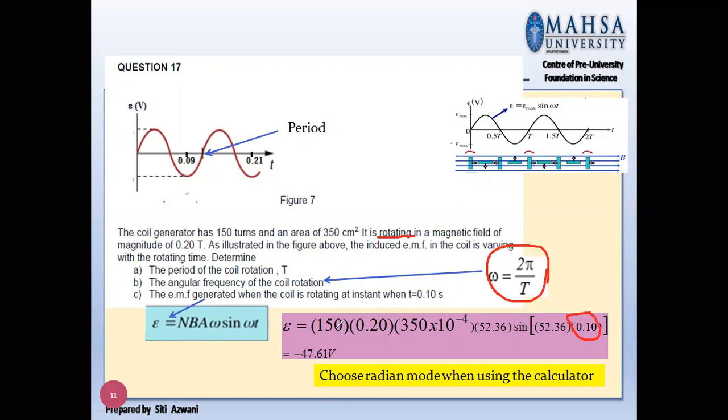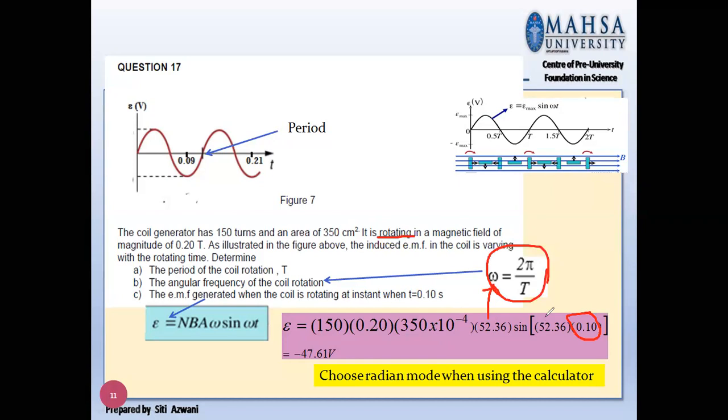You have the number of turns, you have a B value here, and then you have your area converted to meter square. And then you have your omega value from part B here, 52.36. Sine, here you have also omega 52.36.